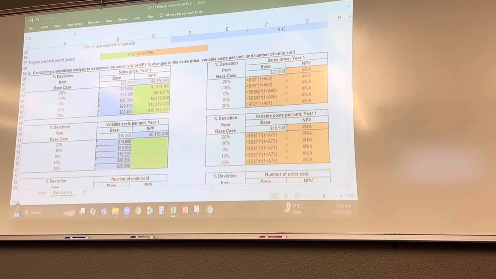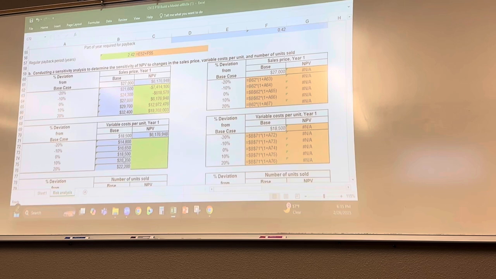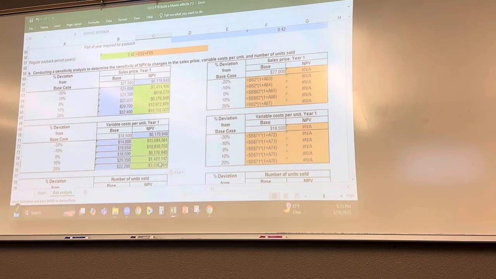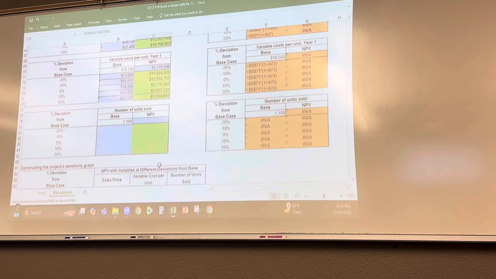I would do the same thing. I'd go take these numbers and plug them into my variable costs up there, grab the NPV, pull it into this table here. I have already done that. So these are my NPVs based on that.